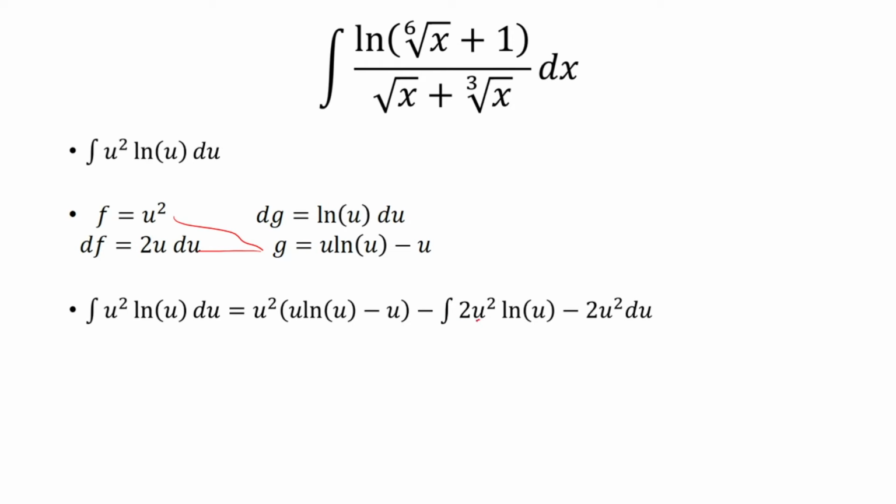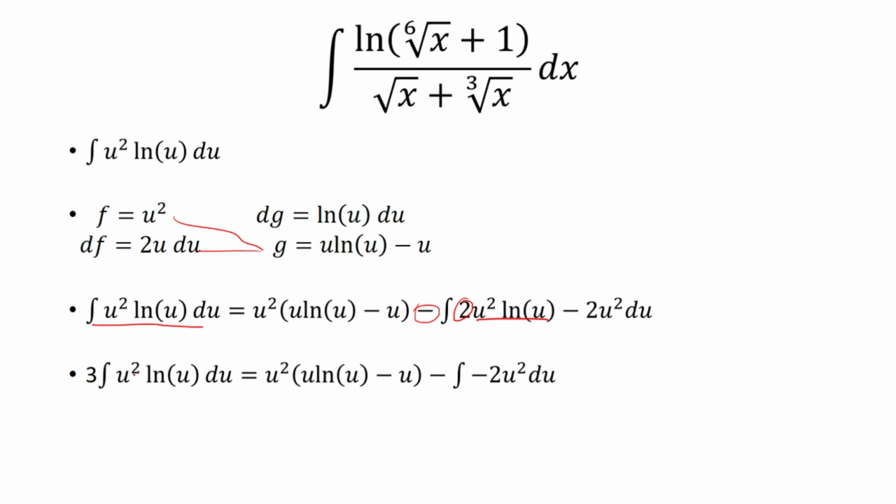But notice you have an integral of u squared ln of u on both sides. I can add 2 times that integral to the other side to get 3 u squared ln of u. That goes away, and I'm just left with the negative 2u squared. Because you have 2 negatives, it's going to become a positive.